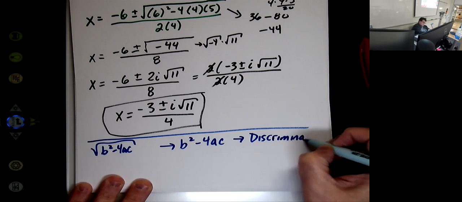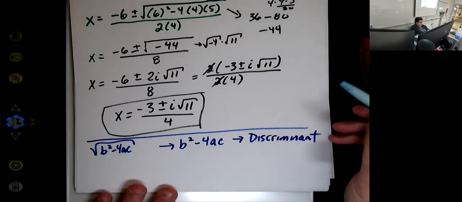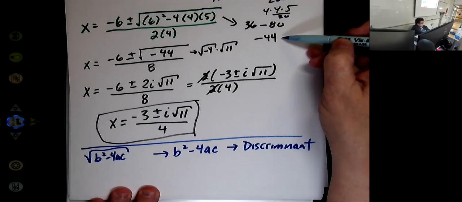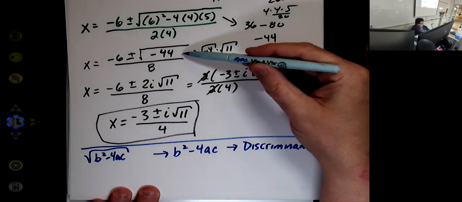That word will come up more than once throughout your math career. We just showed an example where we got a negative number under there, negative 44, and we ended up with an i.